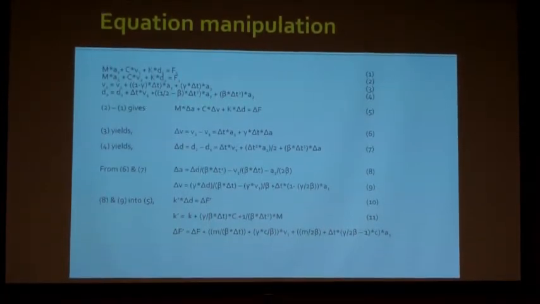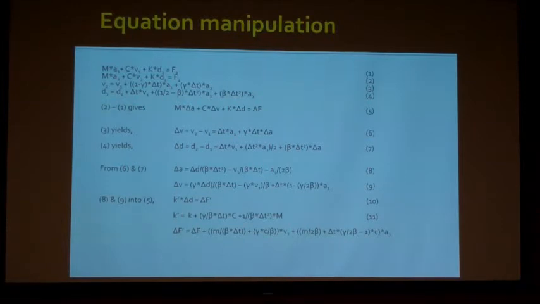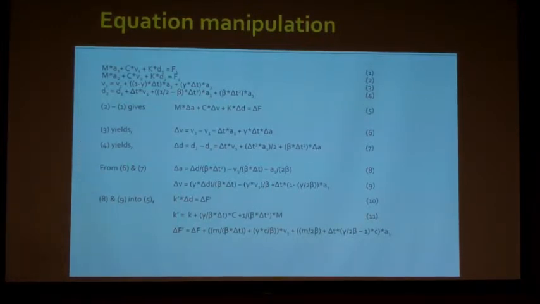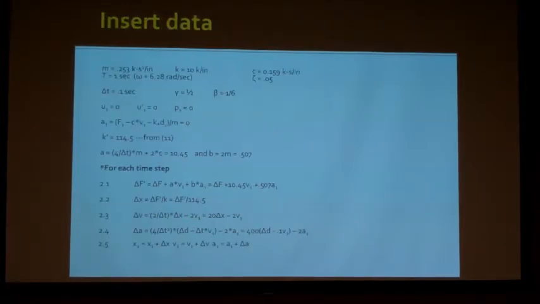I'm not going to keep running through these one by one, but you have your change in acceleration and your change in velocity from equations 6 and 7, which are right here. And then if you plug those two equations into equation 5, you're going to get your K prime, which is just your change in displacement times your change in F prime.